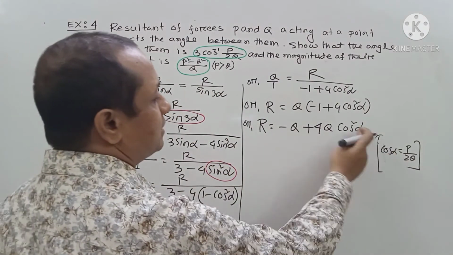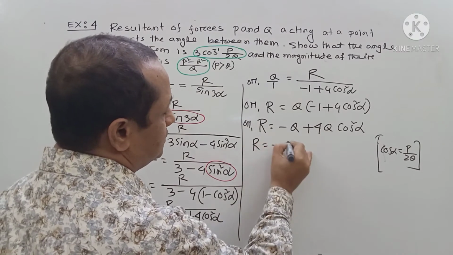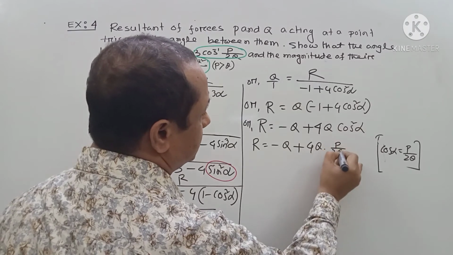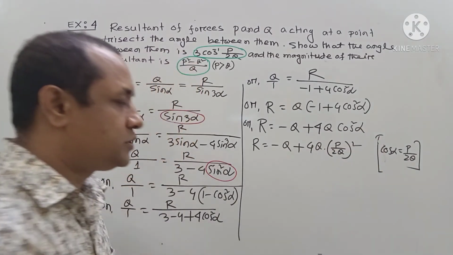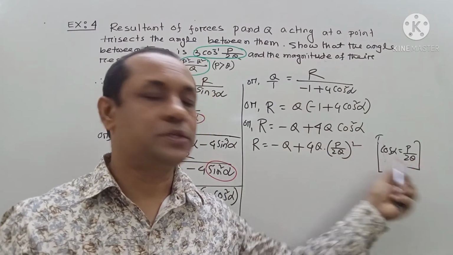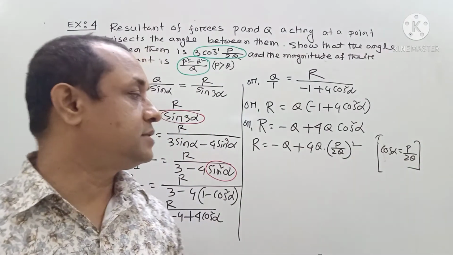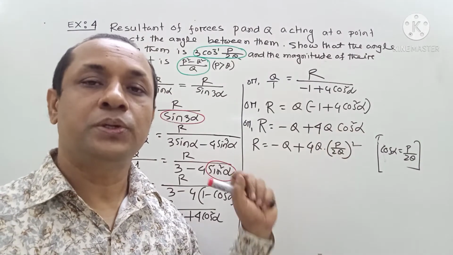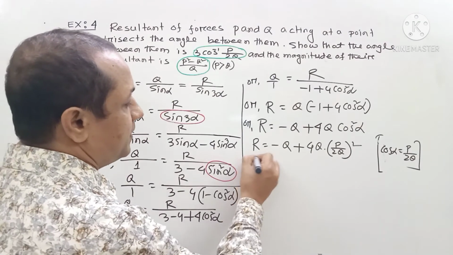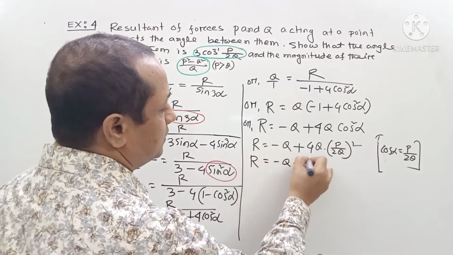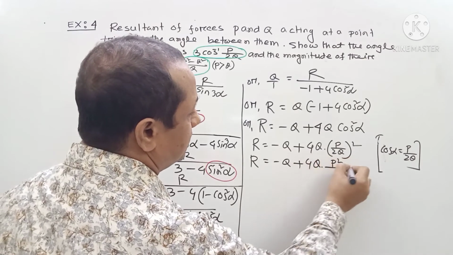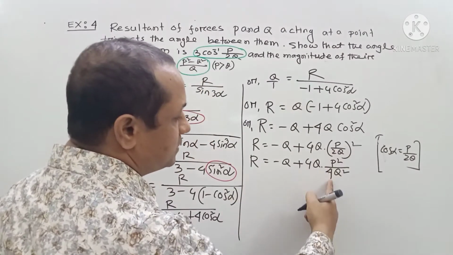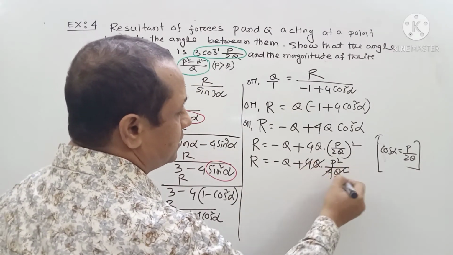Now putting the value of cos alpha equals P by 2Q, we get minus Q plus 4Q into P square by 2 square Q square, 2 square means 4Q square. 4 cancels, Q cancels.